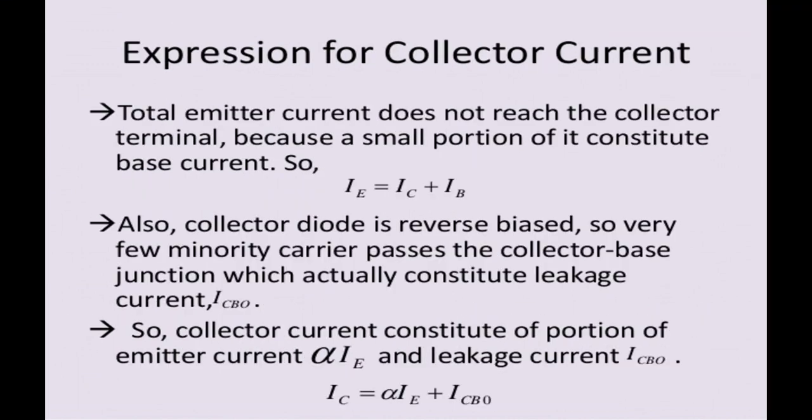Also, the collector diode is reverse biased, so very few minority carriers pass through the collector-base junction, which constitutes the leakage current ICBO.